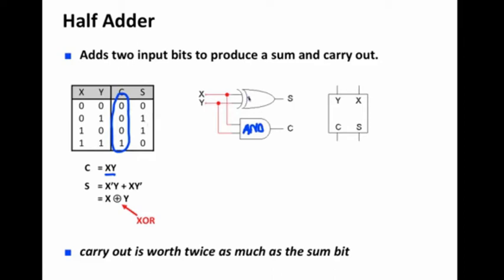Recall that an XOR operation is an odd detector. So when we have an odd number of 1s in our input, our output is going to be 1. So the sum is just the XOR of X and Y, which can also be written as X'Y or XY'. And these two gates together implement our half adder.